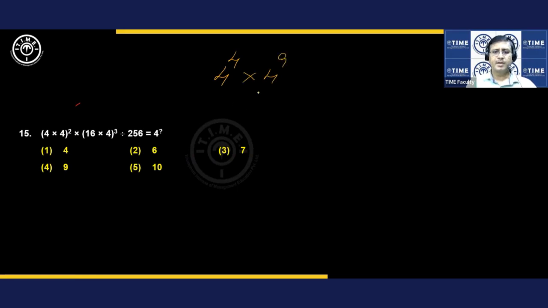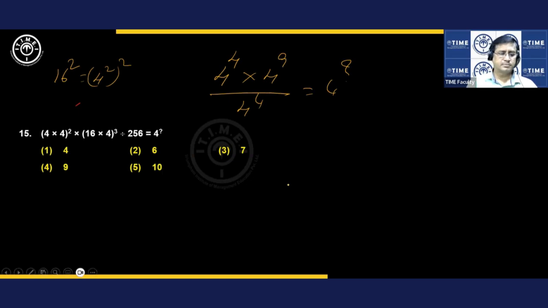9 divided by 256. 256 means 16 square. 16 square means 4 square whole power 2. That is 4 power 4 is equal to 4 power question mark. Now simplify this. 4 power 4, 4 power 4 gets cancelled.